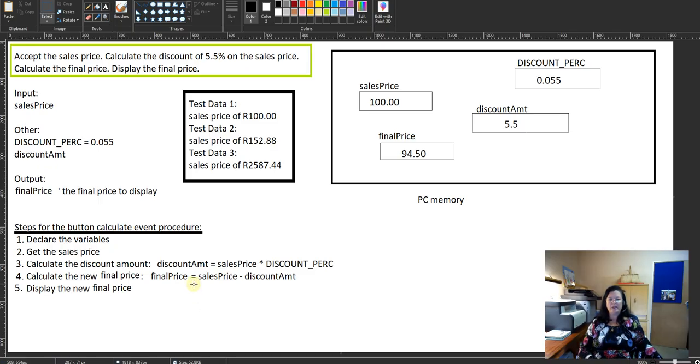But this really means take whatever you've got to the right. After you've done the formula, save it in the variable listed to the left of the assignment statement. Real important. Step number 5 will display the final price.